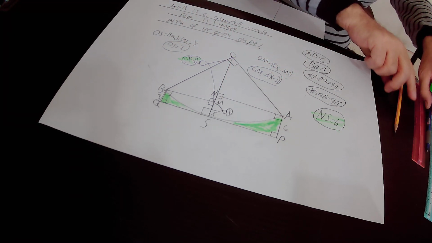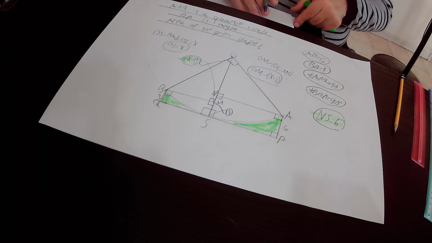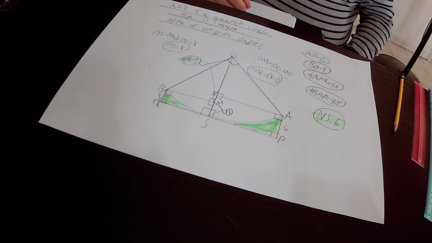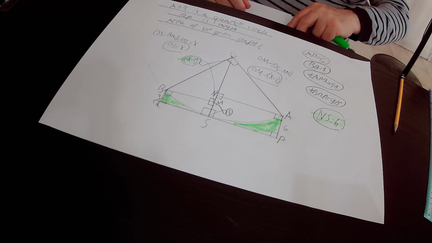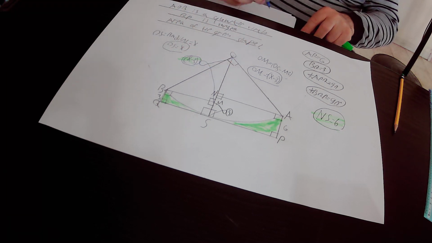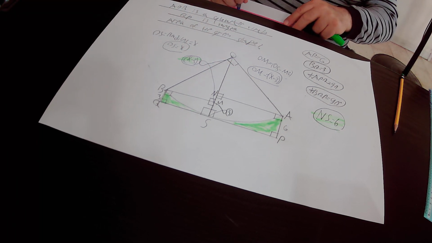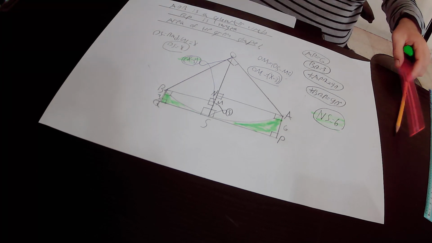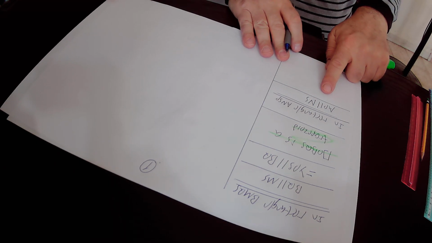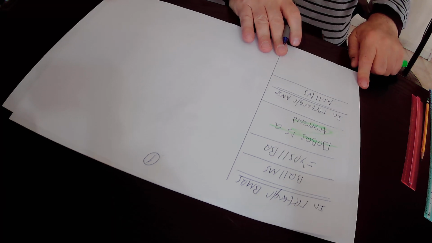So I write it down: in rectangle ANSP, side AP is parallel to the opposite side NS.